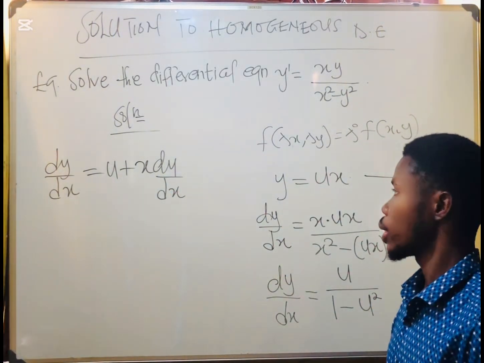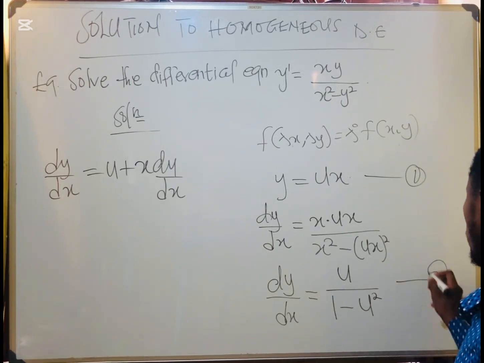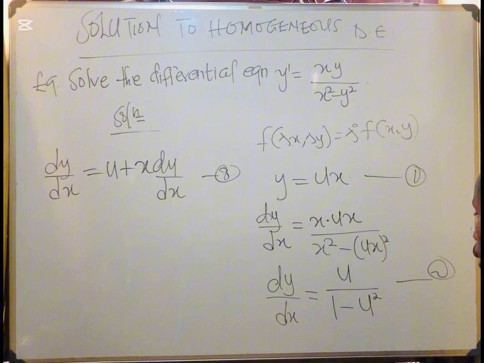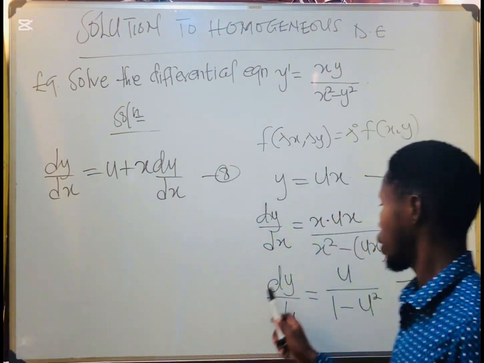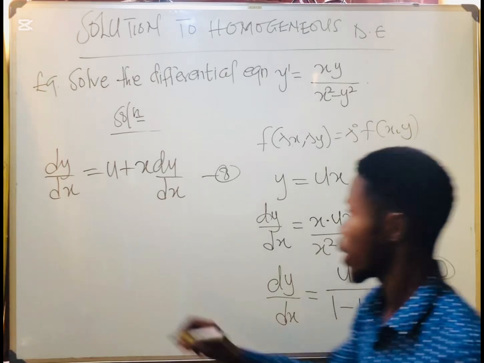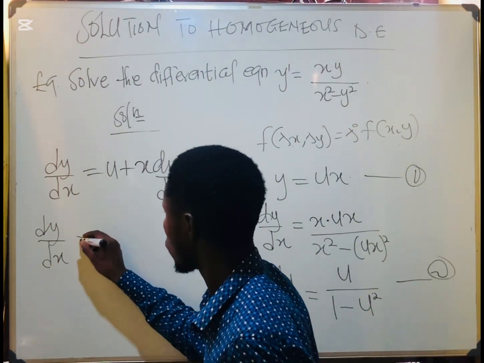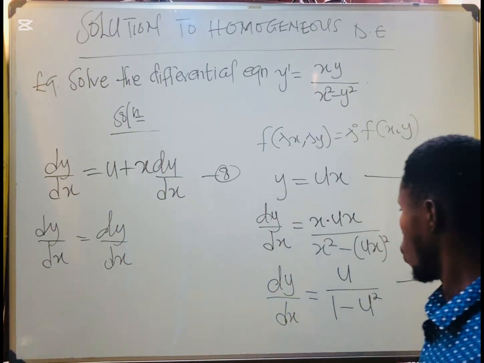Have you seen that? After getting this, let's name this one equation 2 and this one equation 3. You realize that equation 2 and equation 3 both have dy/dx. So we can say that dy/dx equals dy/dx.